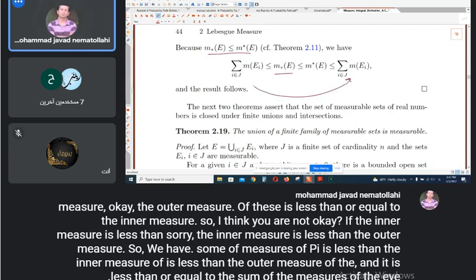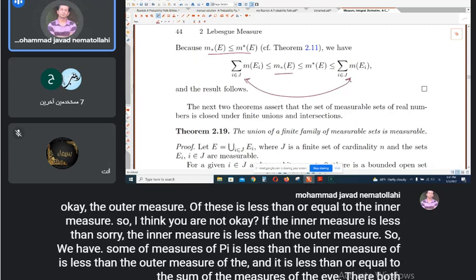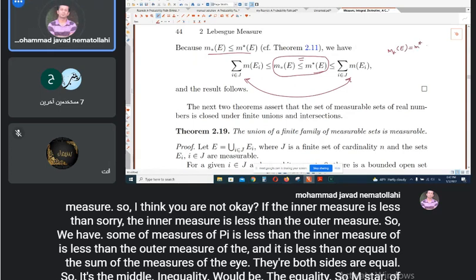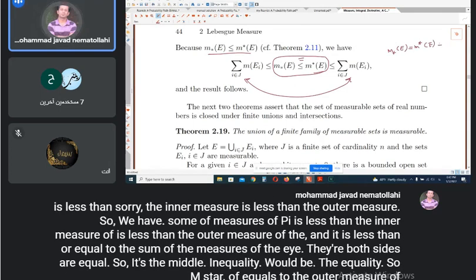Then both sides are equal, so the middle inequality would be an equality. So m star down star of E equals the outer measure of E, and so E is measurable.